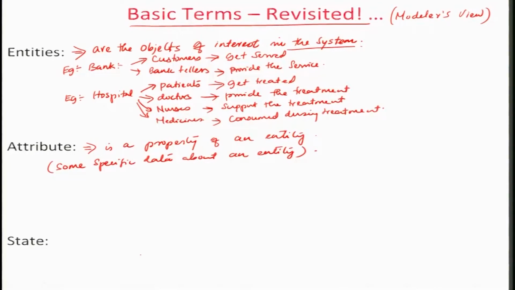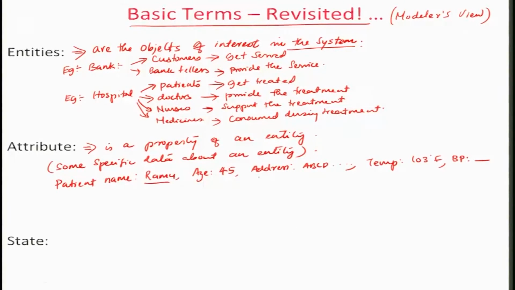Let's say somebody comes in and says patient name is Ramu, age 45, address something, then temperature 103 degrees Fahrenheit, I believe it's Fahrenheit, not Celsius obviously. Then blood pressure, something like this. All these aspects are attributes.